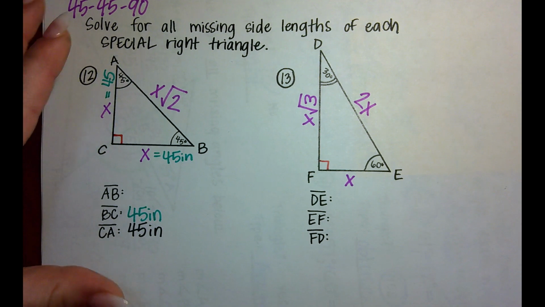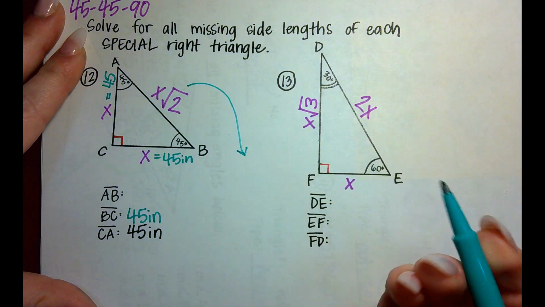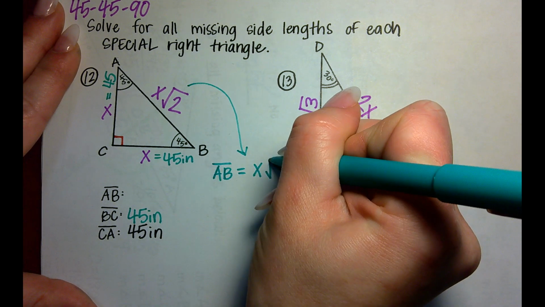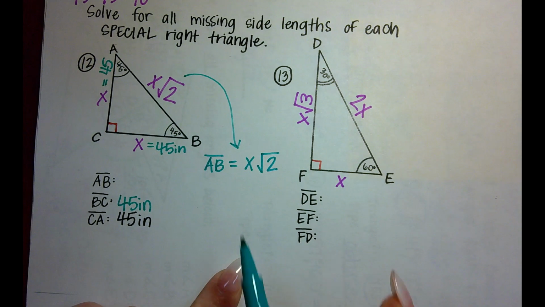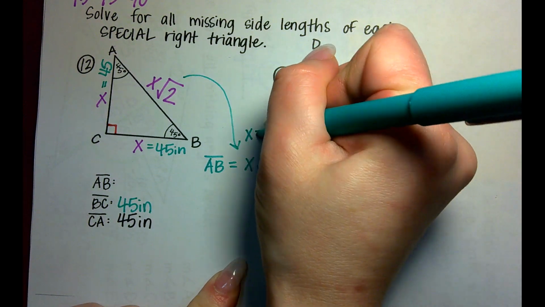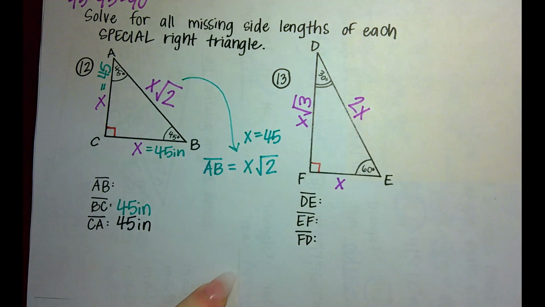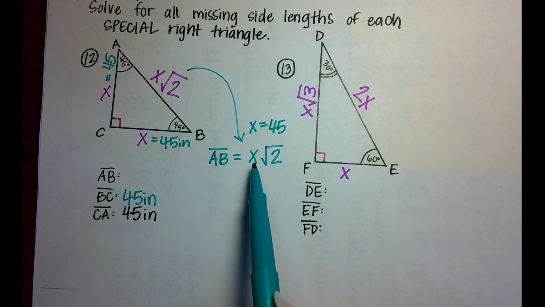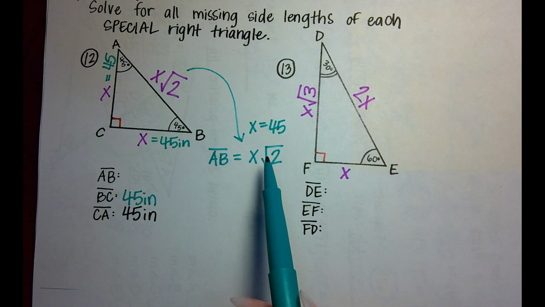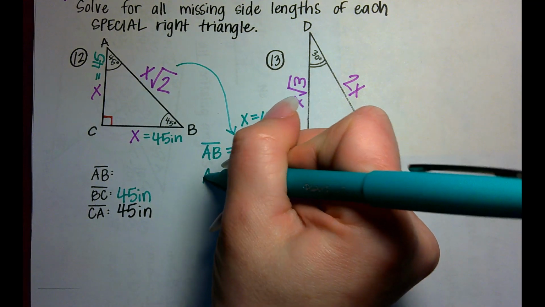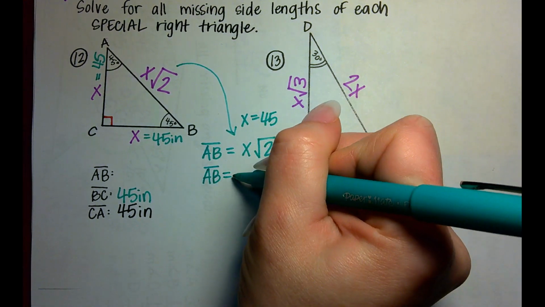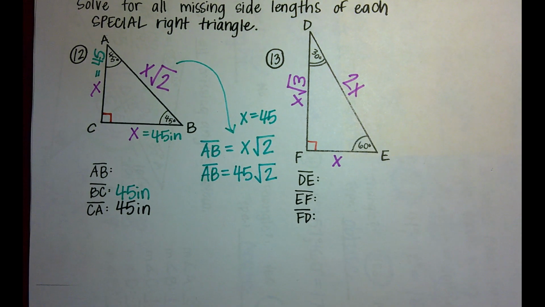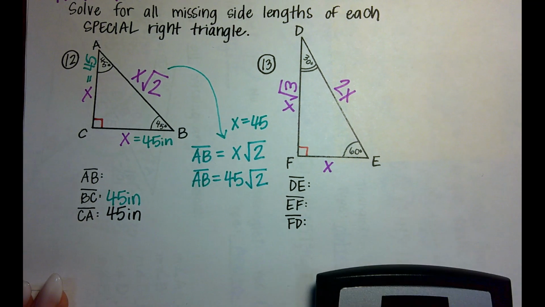So I could even write this out here if I wanted to. AB equals X radical 2. I know that X equals 45, so why don't we just replace X with 45 here? AB equals 45 radical 2. You can type that in your calculator exactly the way it looks.